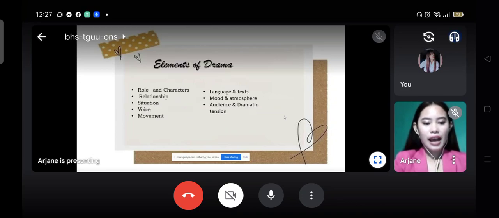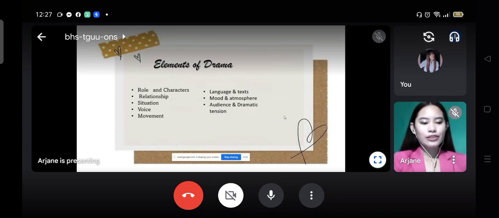And then let's have its elements of drama. First, we have the role in characters. So it is the identification and portrayal of a person's values, attitudes, intentions, and actions as imagined relationships or the situations and ideas in a dramatic action or role.